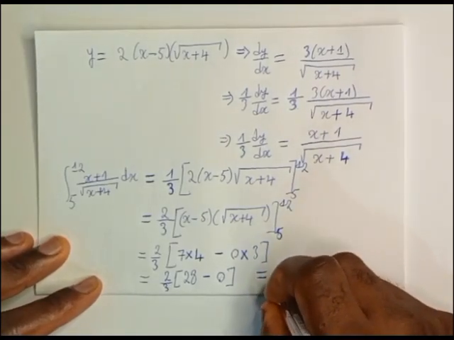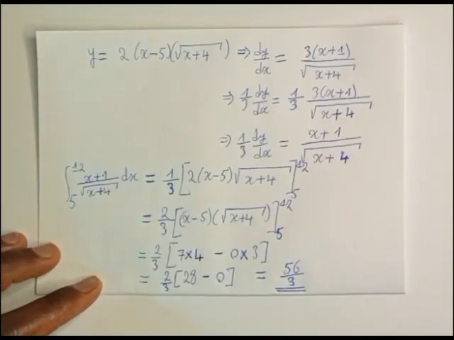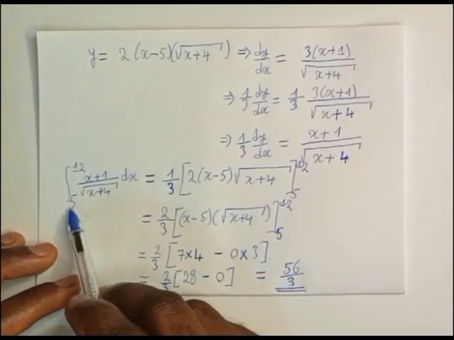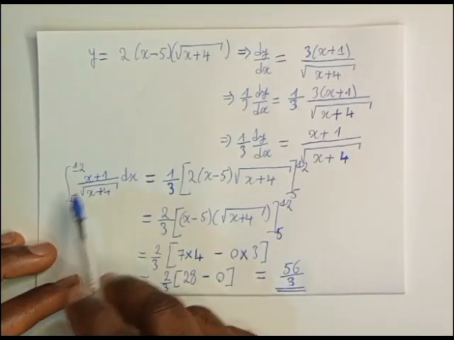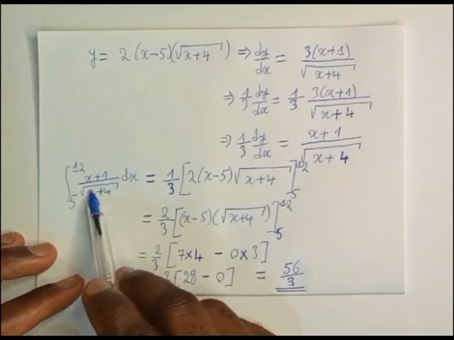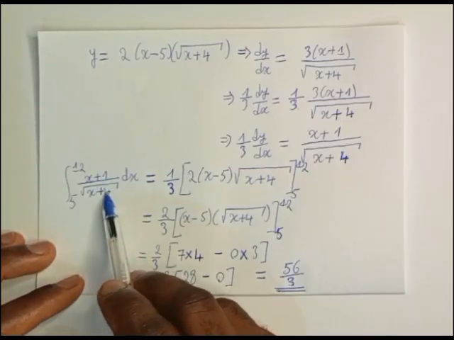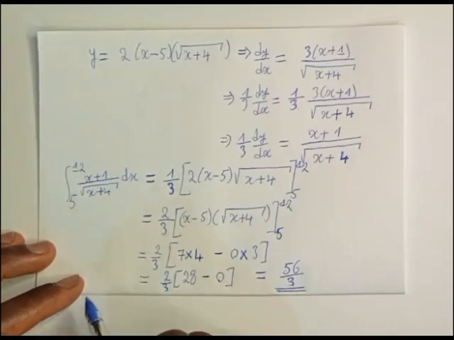This is the integral from 5 to 12 of x plus 1 all over the square root of x plus 4 dx.